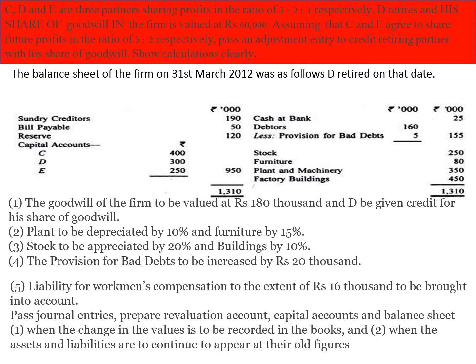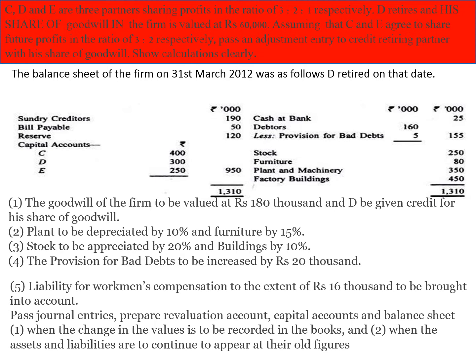Now on the asset side, cash at bank 25,000. Debtors 1,60,000, less provision for bad debts 5,000, in amount column 1,55,000.